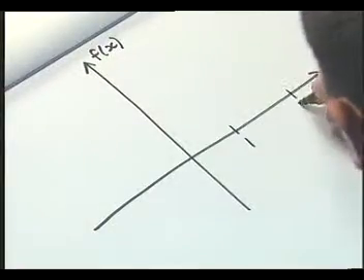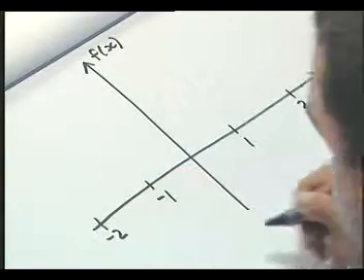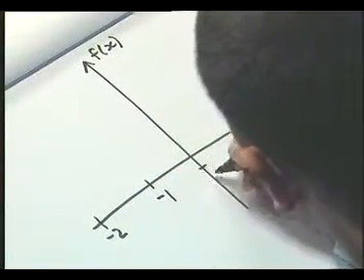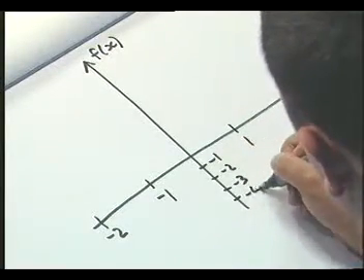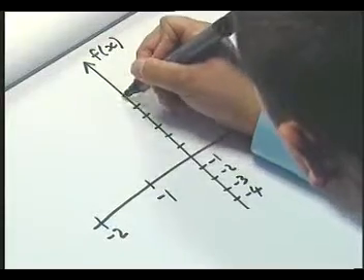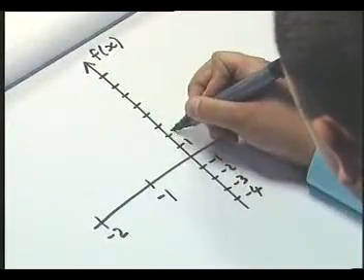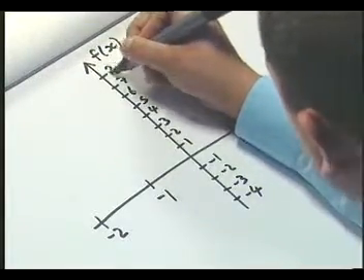Okay, so we've got 1 and 2, minus 1, minus 2. Okay, we've got minus 1, minus 2, minus 3, minus 4, and going up to 8. 1, 2, 3, 4, 5, 6, 7, and 8.